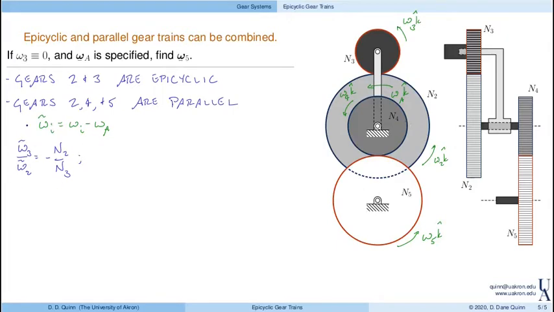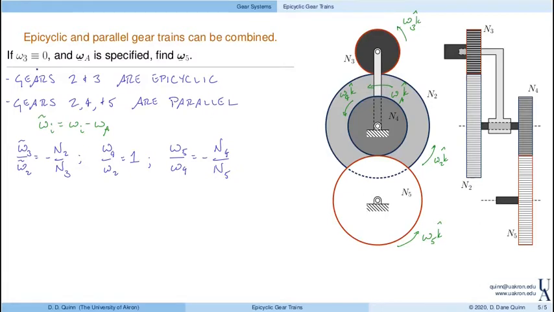Again, because they're epicyclic, this is in terms of the relative speed. 2 and 4 are related. So omega 4 divided by omega 2, well, that's equal to 1 because they're rigidly connected. Finally, 4 and 5 are conjugate in a parallel train. So omega 5 divided by omega 4 is minus n4 divided by n5.